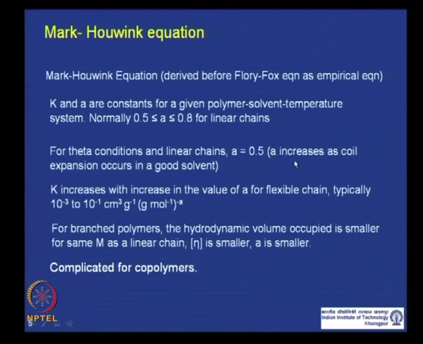It is the same as if there was no expansion of the coil due to the presence of the solvent. Now, a increases as the coil expansion occurs in good solvent. In good solvent the coil expands, so the value of the expansion factor becomes more than 1, and the a value becomes more than 0.5.